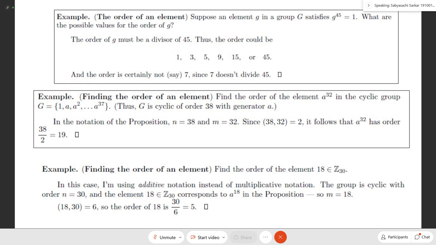So as per the definition, if A plus B is less than n, suppose we're taking plus modulo 4, then it will be as it is. But if A plus B is greater than 4, then we will do A plus B minus 4. So this is the definition of plus modulo 4, right?